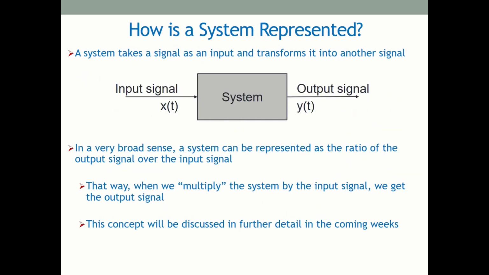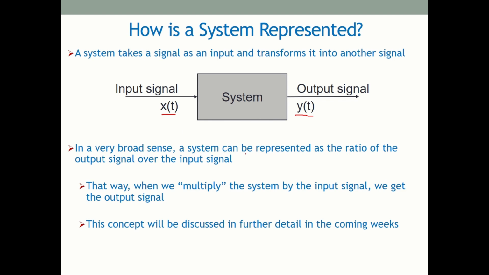So how is a system generally represented? We have an input, which is generally denoted as x(t). It passes through the system and we get an output y(t). The time t stands for the time variation, so the independent variable is time in this case.